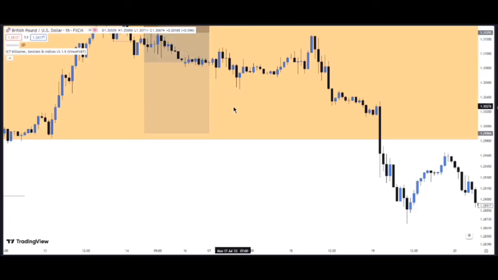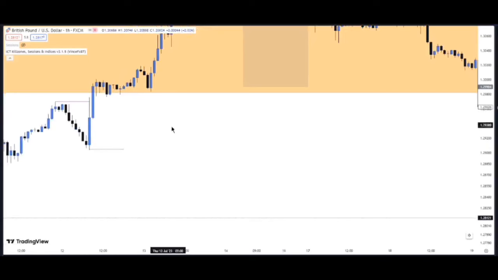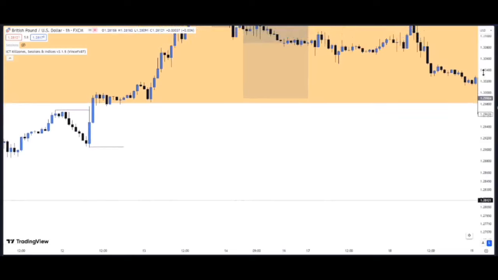Because price can do anything. It can simply turn back and start going higher. No one knows what the market can do. No one can predict the market. We are trading probabilities. So that's how you trail your stops. You trail it until you get to this ultimate target.